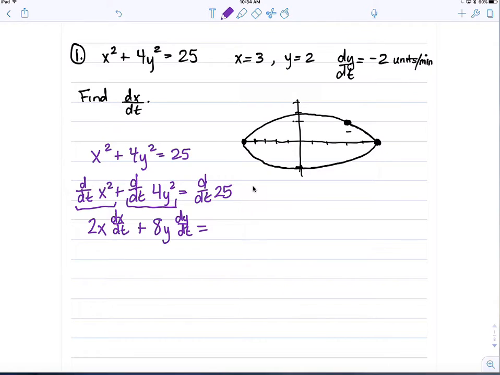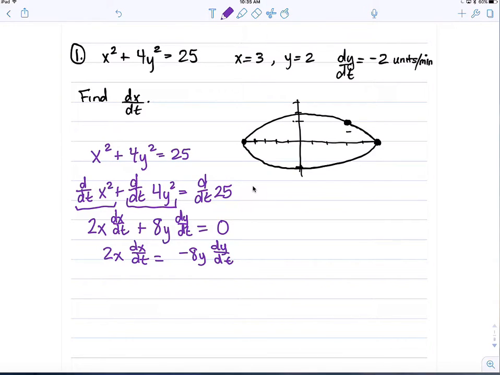What's the derivative of a constant? 0. Alright, so now we've differentiated. Next it says solve for our unknown. What are we looking for? dx/dt. So basically we want to move everything that doesn't have a dx/dt with it to the other side. So I'm just going to bring down 2x dx/dt and move the other term to the other side.